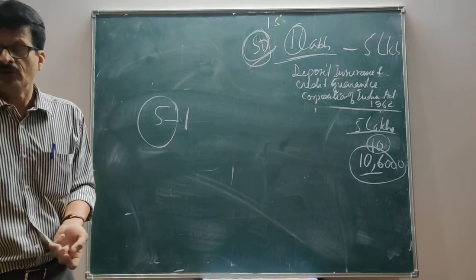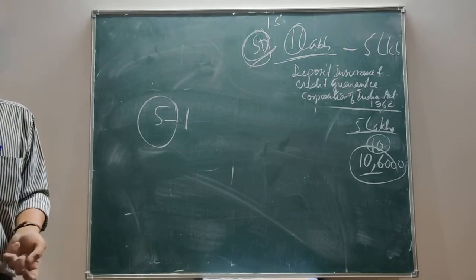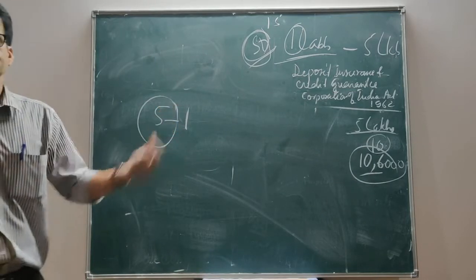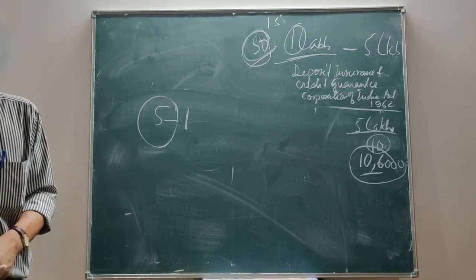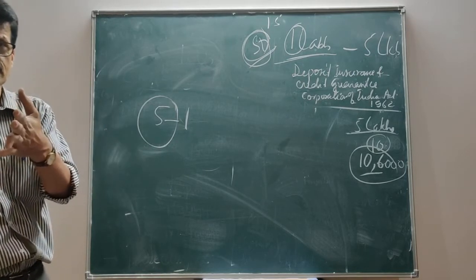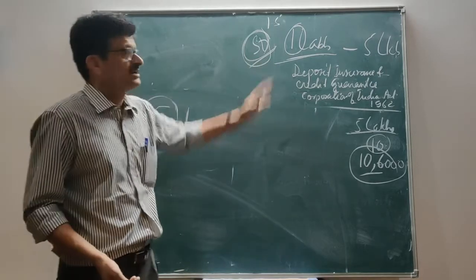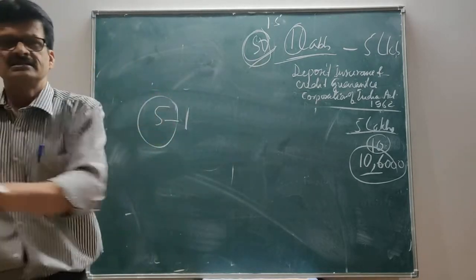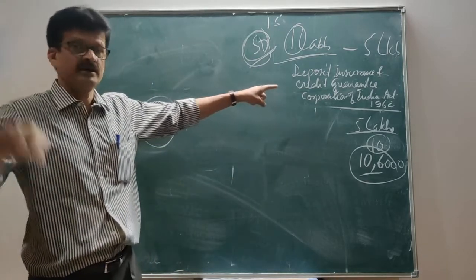No company, it is under the Companies Act, can carry on its business without getting registration, correct? Or licensing from the appropriate government, right? Similarly, no banks can exist without those banks registering with it.